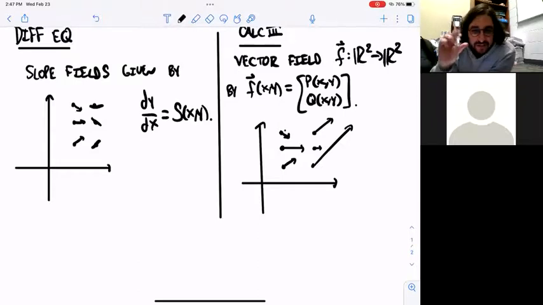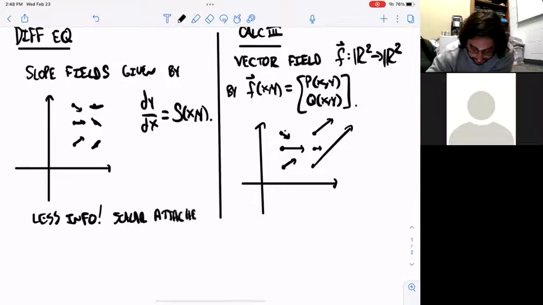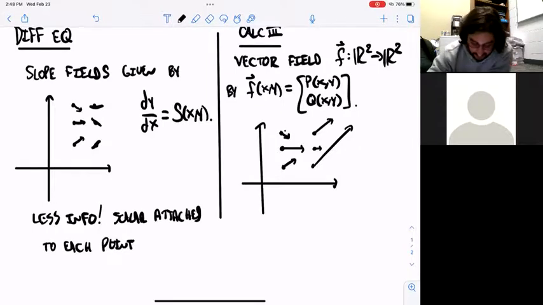So it's convention to shrink the magnitudes by a lot when we draw vector fields, but it carries more information than the slope field. So that's the key thing here. They're very similar objects, but the slope field has less information, because it's just a scalar attached to each point, just a single numerical quantity.